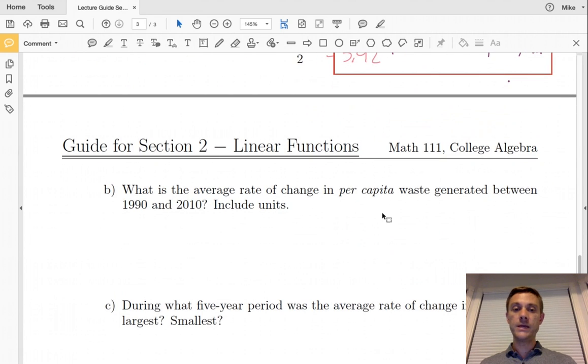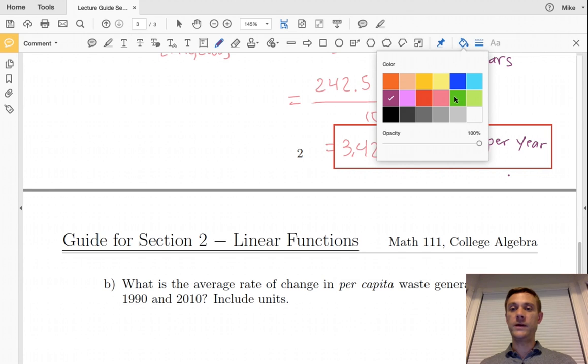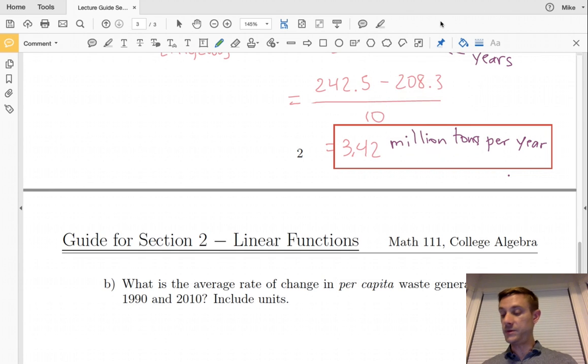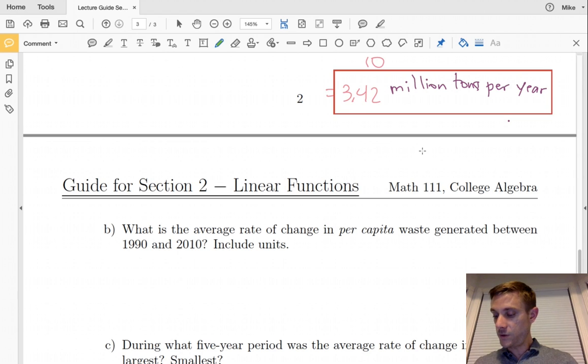Okay, same thing, but now what is the average rate of change in per capita waste? And then for fun, we'll pick different years to work with. I will also pick a different color to work with. So our graph's going to be kind of crazy no matter what, but we can do our best to avoid it, I suppose. So we're looking at average rate of change. It's still same starting point, still 1990, but now we're going up to 2010, I guess just to keep things exciting.